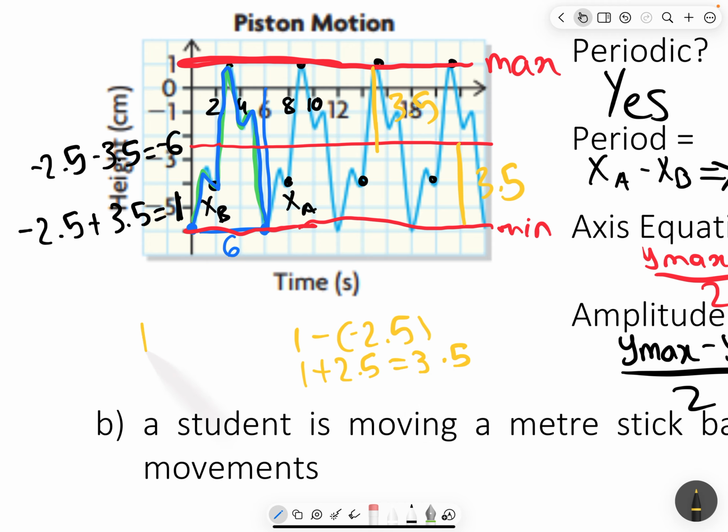Or you could also do -6. How much you're going up by from -6, minus 3.5. You're finding the difference here. Minus 2.5, because -6 plus 2.5 is also equal to -3.5, right?